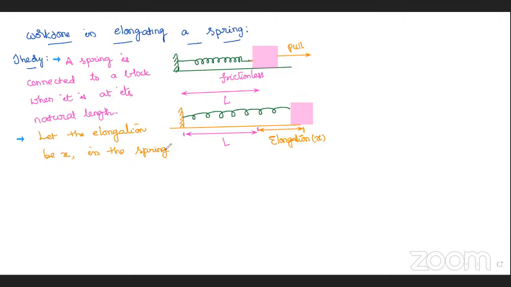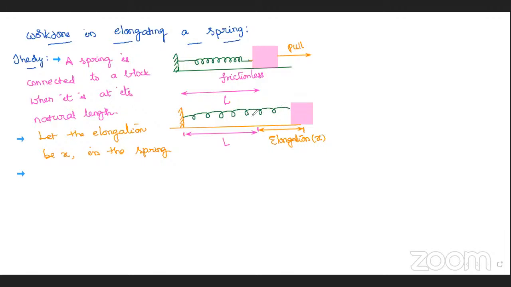Then what happens? This is a spring, and it has its own property. What is that property, sir? If I pull the block to here and simply leave it, meaning I take my hand off the block, immediately the block tries to go back to its original position. In case of a spring, is it not correct?